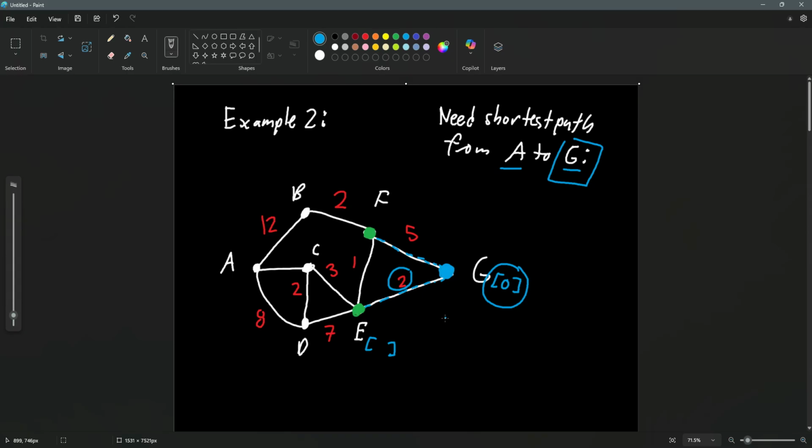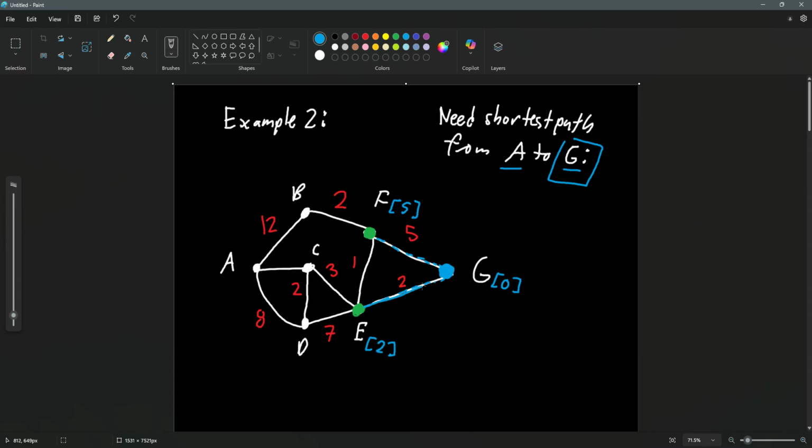The weight is 2 and G is 0, so in here is going to be 2 plus 0, which is 2. And then for F, same thing. It doesn't have a number, so I'm going to give it the weight of the edge we're looking at, plus the number attached to the vertex that it's connected to. That's going to be 5 plus 0, which is the same as just 5.